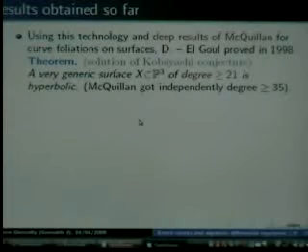Using this technology, then, in the last 15 years, we've been able to solve a number of conjectures. The first theorem which was solved was a solution of the Kobayashi conjecture.